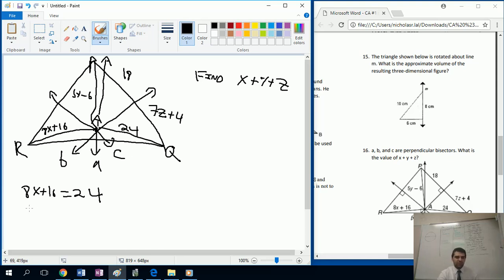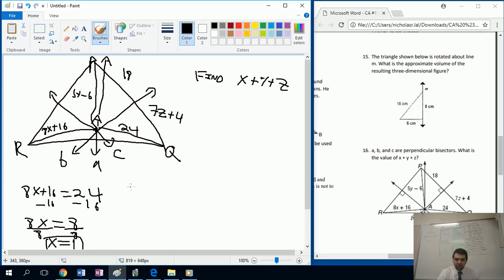So 8x plus 16 is equal to 24. Let's solve for x. Subtract 16. 8x is equal to 8 because 24 minus 16 is 8. Divide each side by 8. And that means x is going to be equal to 1. So that's not the answer, but we're going to box that because that's important information.